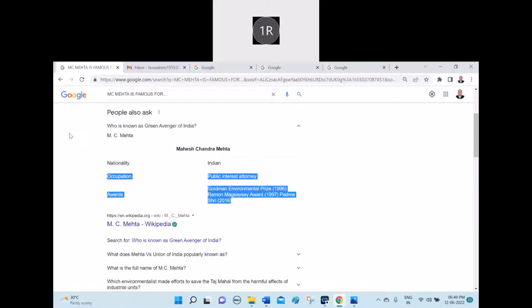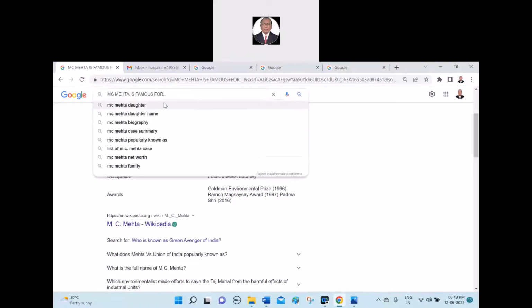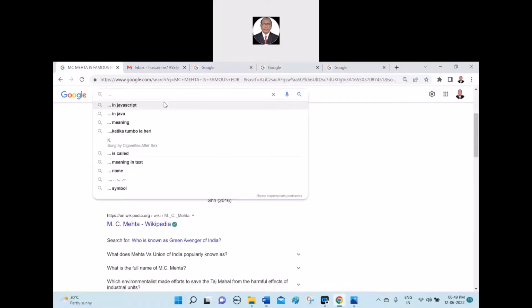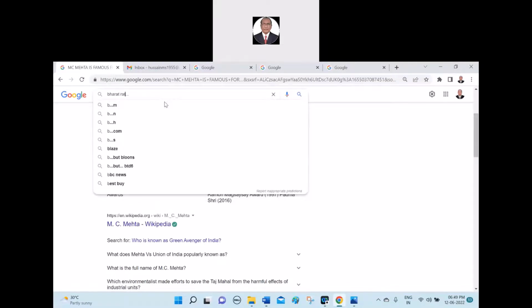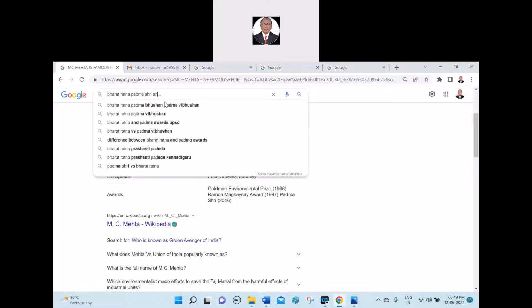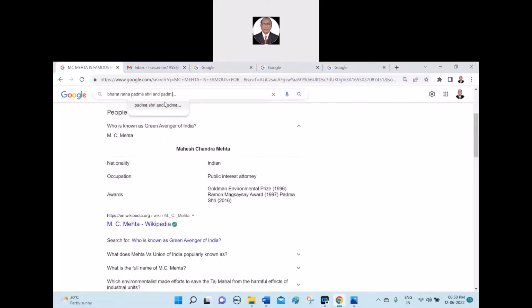Okay, why doubt? We can make it out, because sometimes they will ask such questions also. Bharat Ratna, Padma Shri, Padma Vibhushan, Padma Bhushan. Which one is highest and which one is lowest in rank?